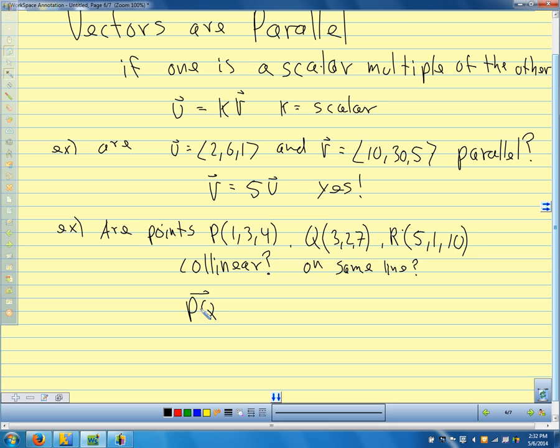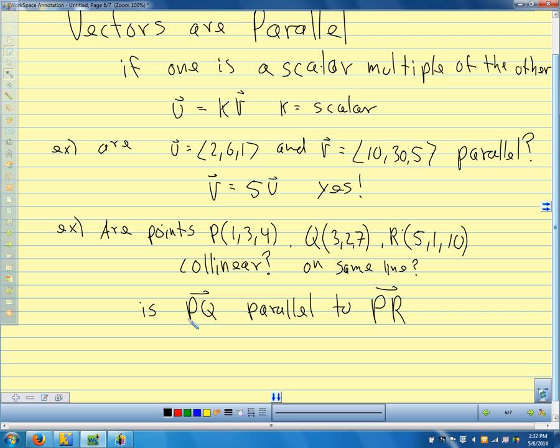And what would that tell us? What would have to be true? The other vector, the vector from P to R, has to be in the same direction, has to be parallel to the vector from P to Q. So what this question is asking us is, is vector PQ parallel to the vector PR?